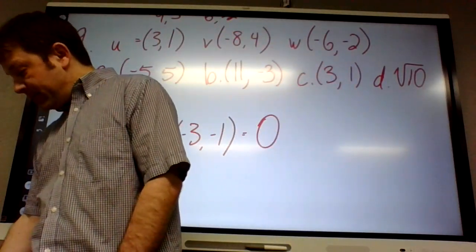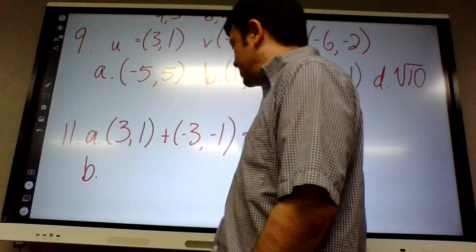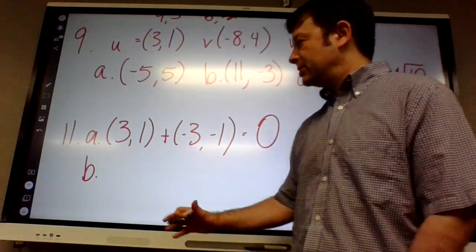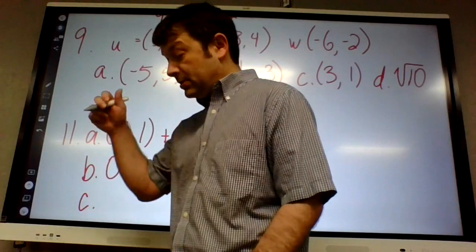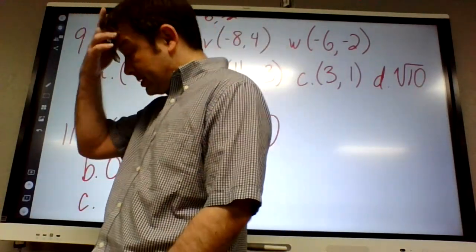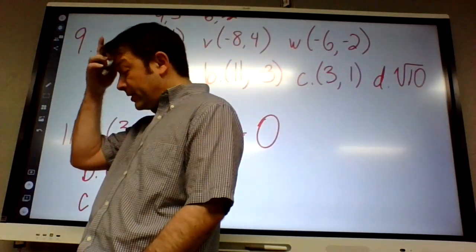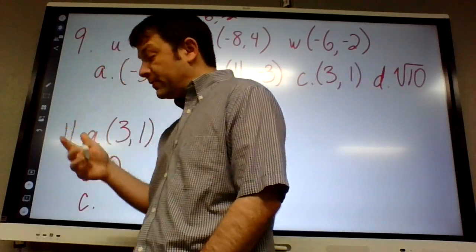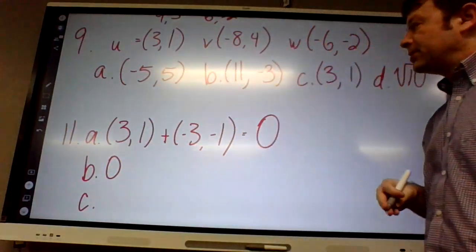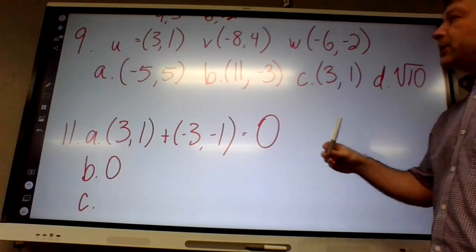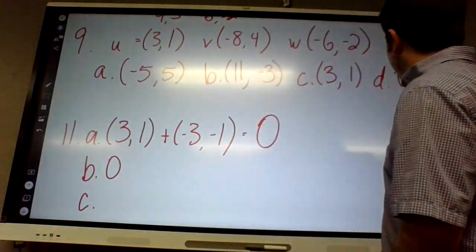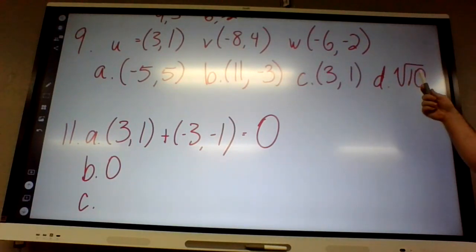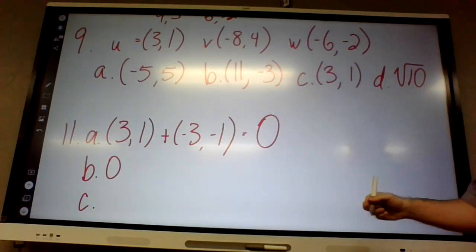Okay. B is to find the magnitude of the 0 vector. How long is the 0 vector? 0. 0 long. C, they want us to find the magnitude of u plus the magnitude of 1/2 w and then add those together. So how long is u? 3, 1. We actually did a 3, 1 earlier, if you guys remember. I kind of erased it down here, but 3, 1 is square root of 10 long.